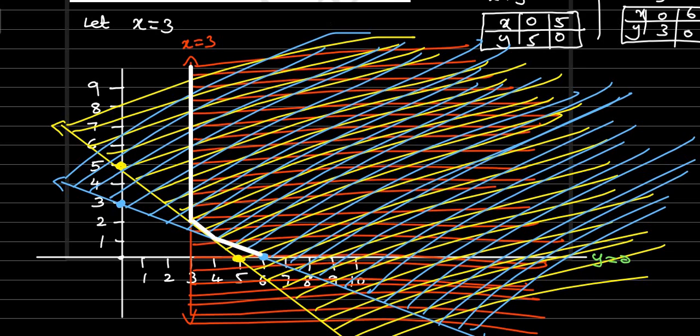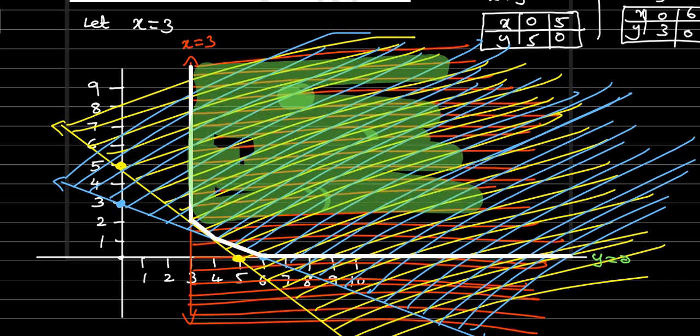Then straight, only the first quadrant we will have, right? Then the entire portion, I'll just shade it now. This complete entire portion will be the feasible region. Feasible region is available because for all the four inequalities, a common solution space is there.